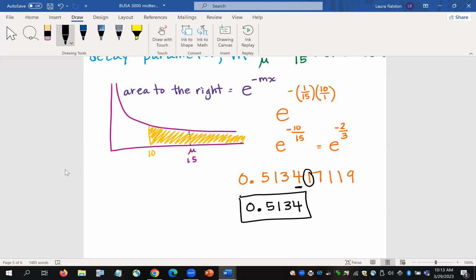Again, most of the problems, when you're looking at the binomial, the uniform, and the exponential, it's going to clearly tell you it's either exponential or uniform. The binomial, you may have to figure out for yourself, but remember, with a binomial you have a fixed number of trials.